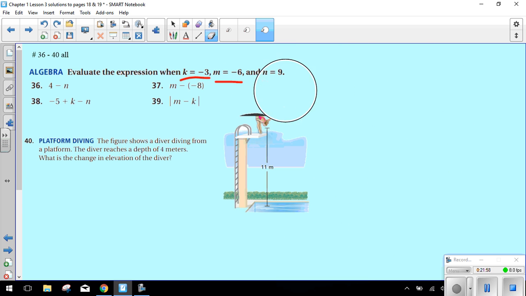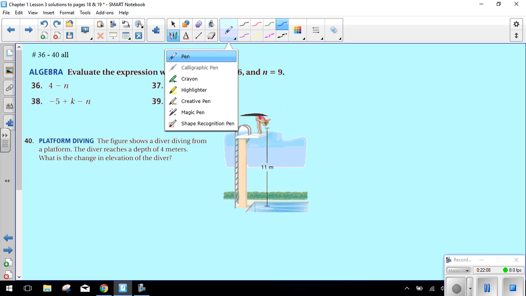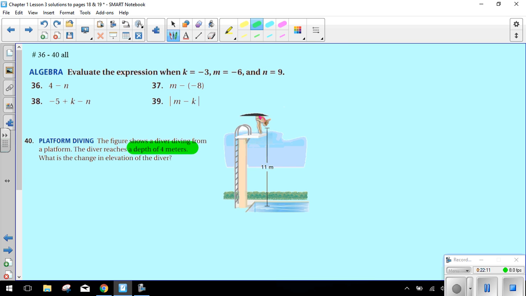Okay, and the last one, we're going to look at the diagram. Platform diving. The figure shows a diver diving from a platform. The diver reaches a depth, that's a very important word, a depth of 4 meters into the water. What is the change in elevation of the diver?